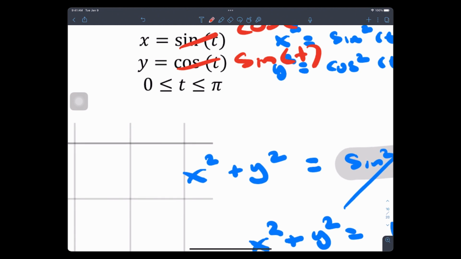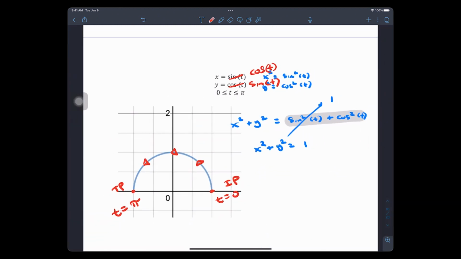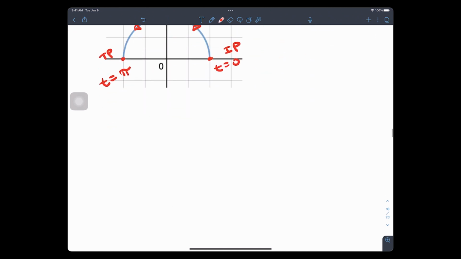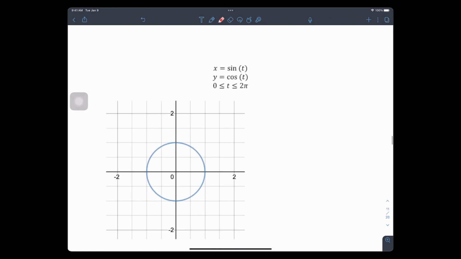Even though that's sine t, cosine t, it matters only for some intervals of t. If it's 0 to 2 pi, it ain't going to matter. You can have sine, you can have cosine. You want to draw the right picture is what I'm saying. You want the picture to be correct.